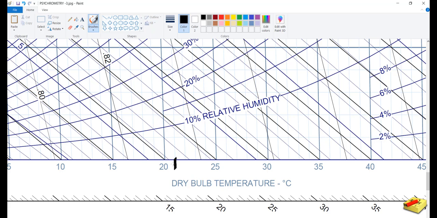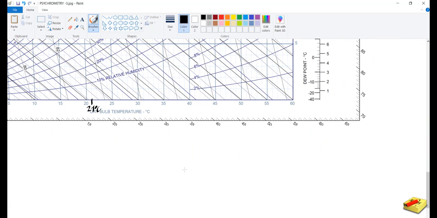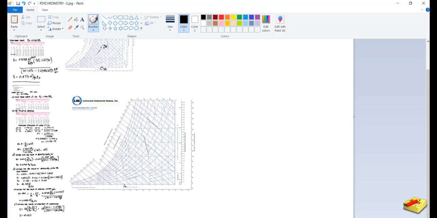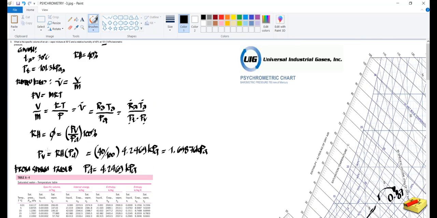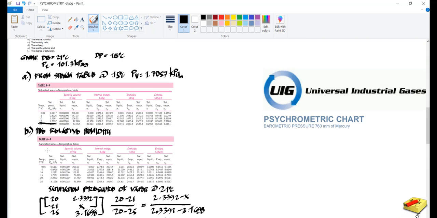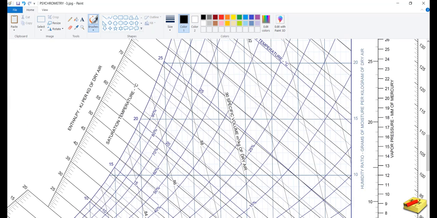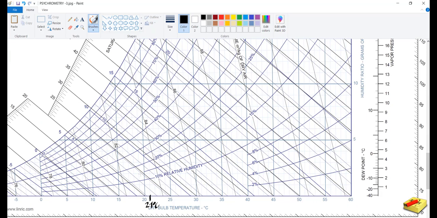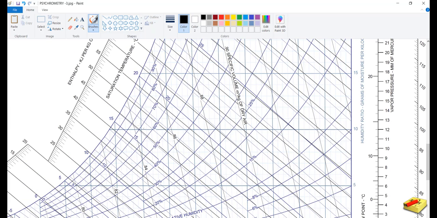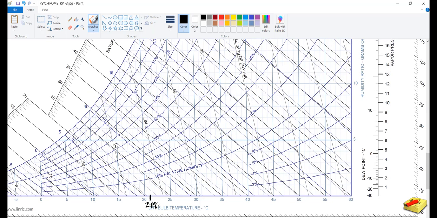This is 21 degrees Celsius, which is your dry bulb, no? Then other data natin is 15 degrees Celsius, that is dew point. Okay, so let's try to plot the dew point. So the dew point is at 15 degrees. Let's plot that one.